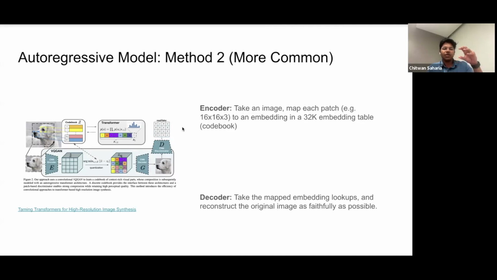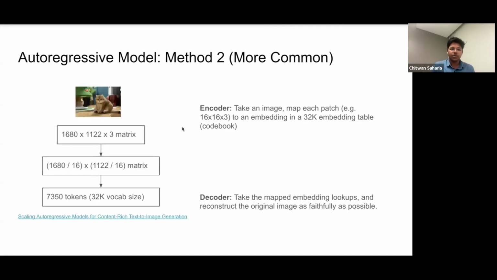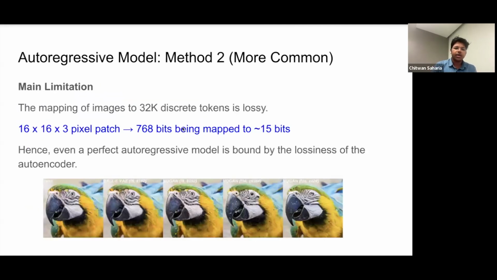You can further divide that task into different transformers of different sizes, and that's how you could generate an image from coarse to fine grain. And I think ChatGPT 4.0 might be using an approach like that for image generation as well.